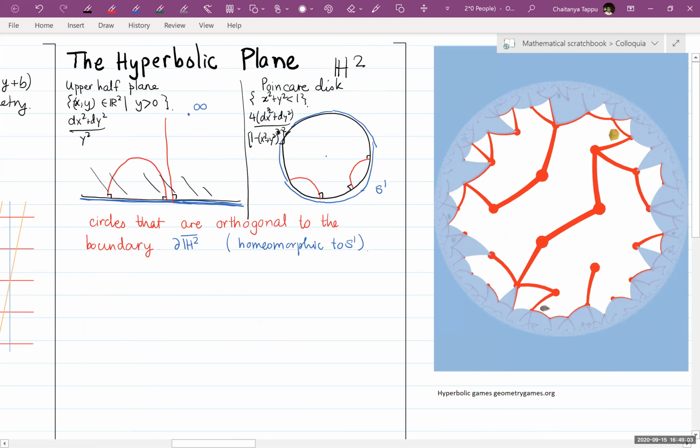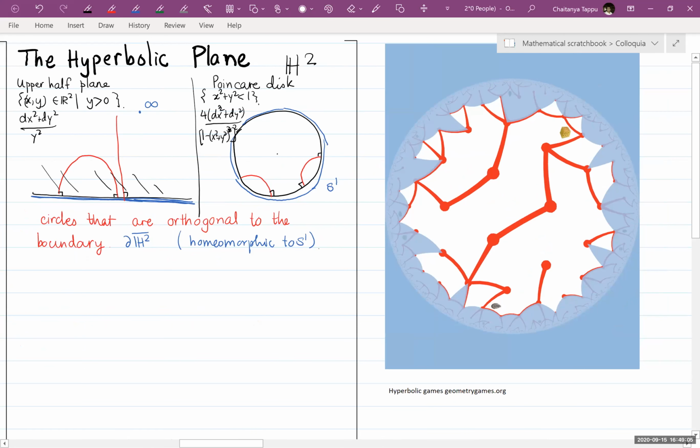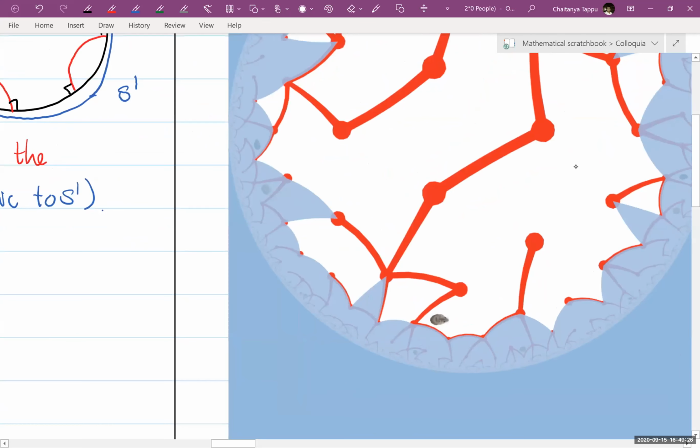If you want to have a look at hyperbolic space, here's a good game. This was designed by Jeffrey Weeks. If you go to geometrygames.org, you'll see some games based on all sorts of geometry. And let me just zoom in.